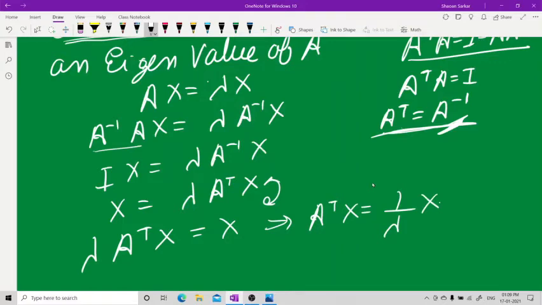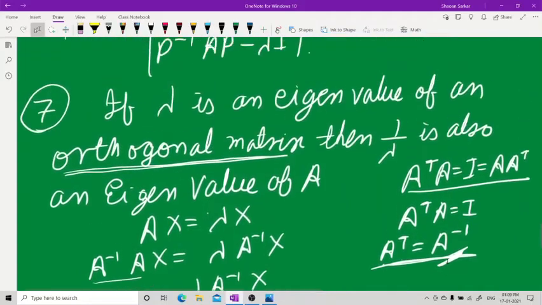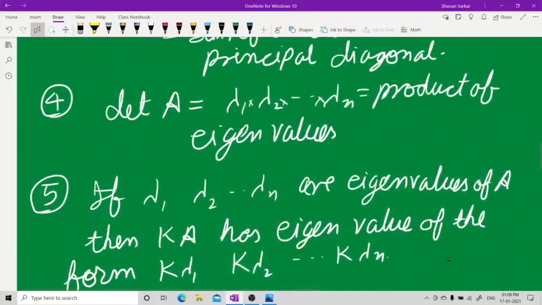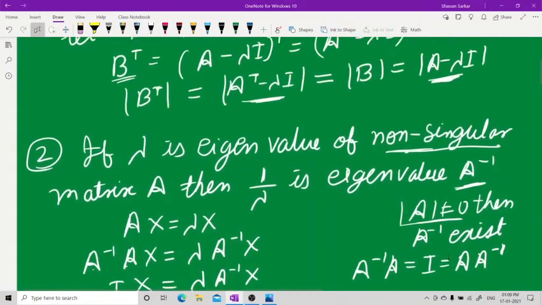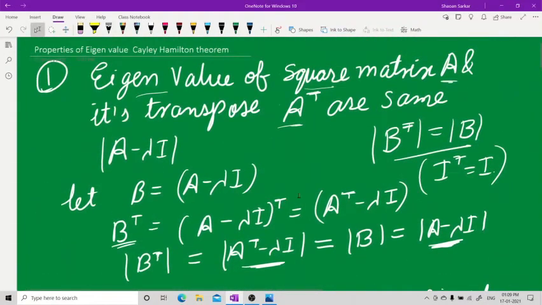And the first property that we did is that A transpose and A have the same eigenvalues. I'm talking about this property.